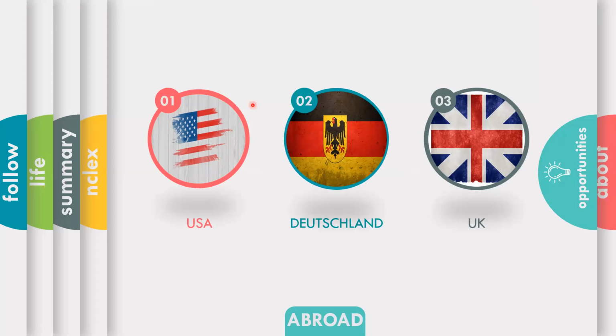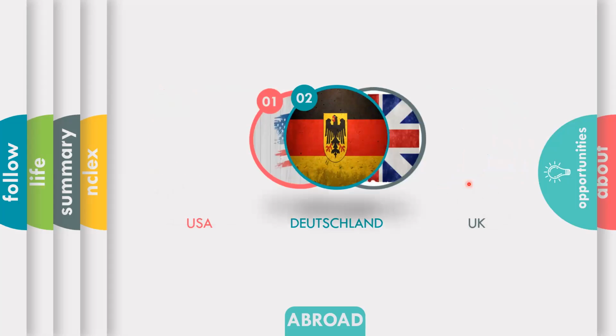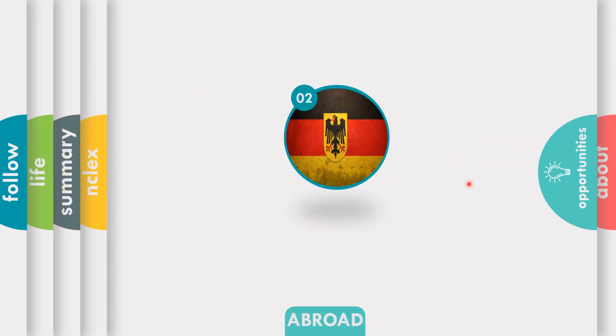For example, 300 nurses starting last year, and I think they plan to hire thousands more by year 2030. So those are the three main countries that have emerging opportunities for you guys.